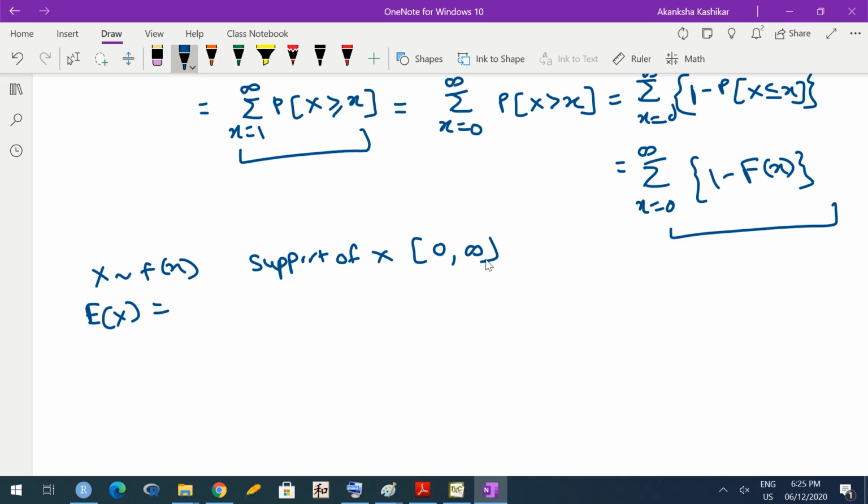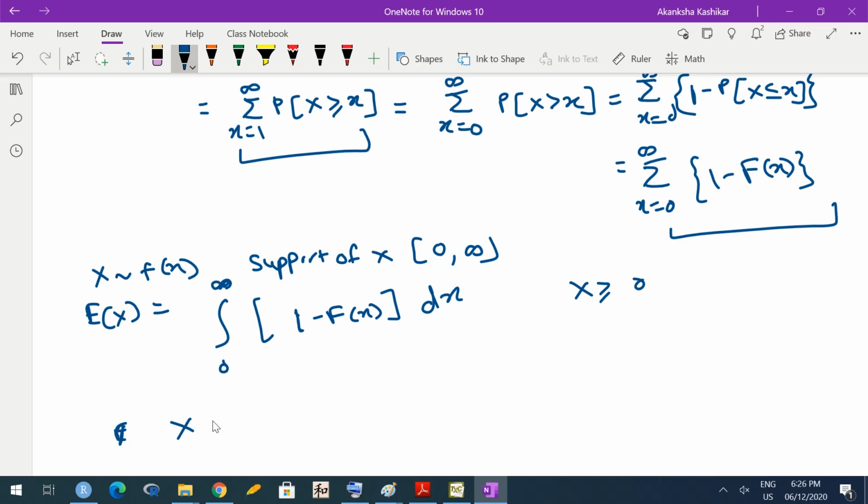In this situation my expectation of X becomes the integral from 0 to infinity of 1 minus F(x) dx. So if X is a non-negative random variable, this is the form. It is an exact translation of the summation, the only difference being that summation is replaced by the integral sign because we are in the continuous setup.